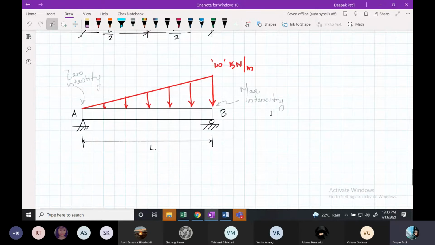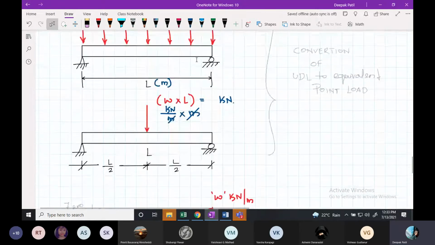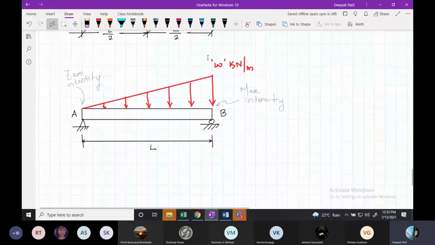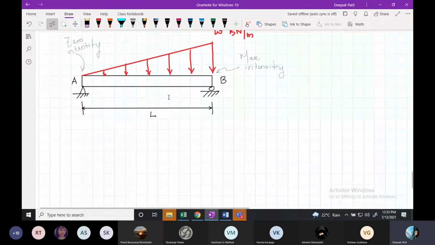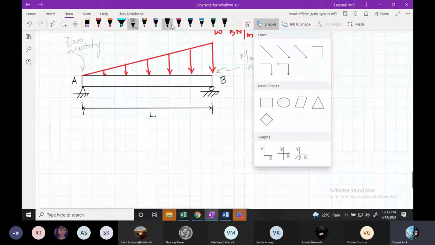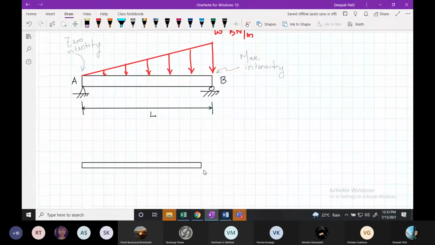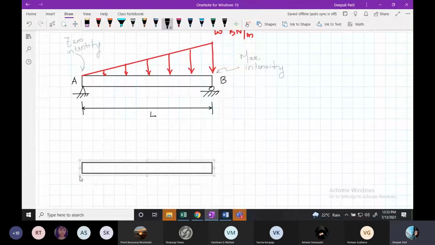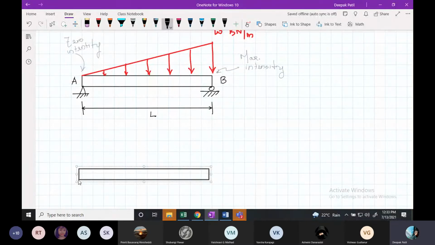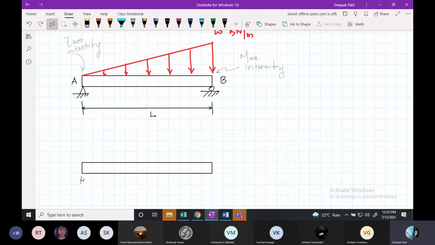Now I would like to do the same process here, that is conversion of the uniformly varying load to an equivalent point load. So once again, I will draw the same beam. Same reactions will come here, meaning the supports.